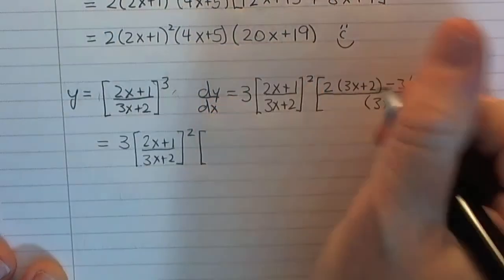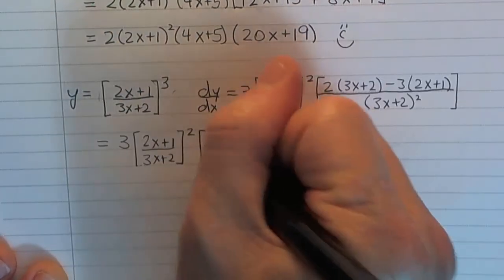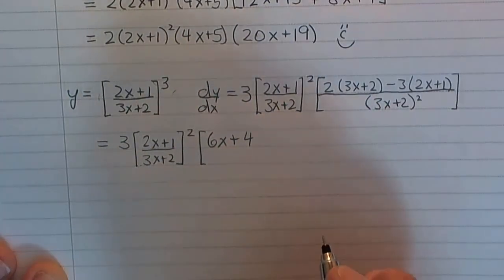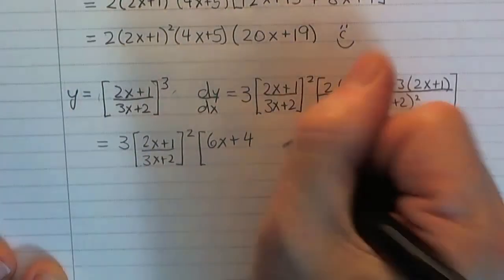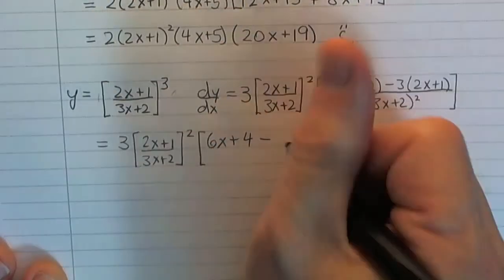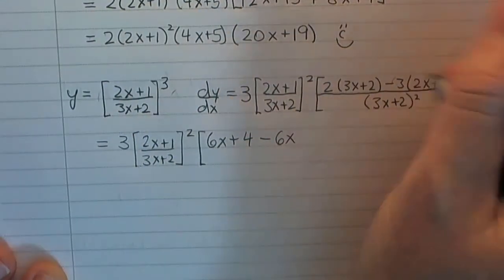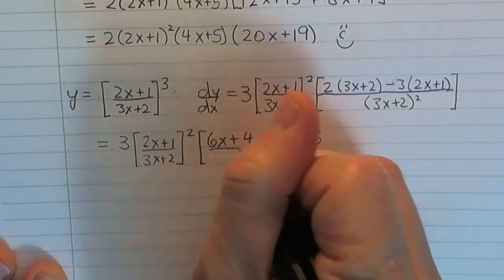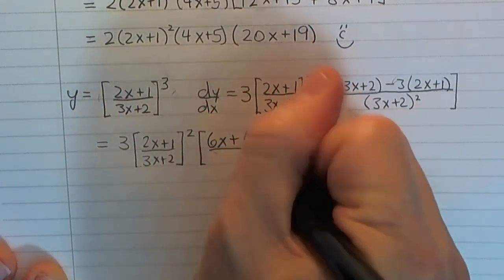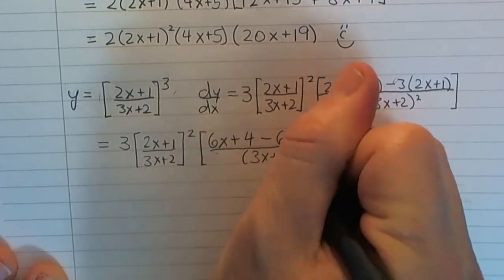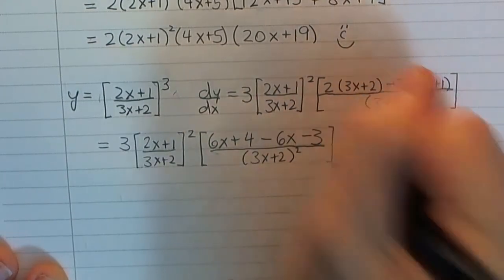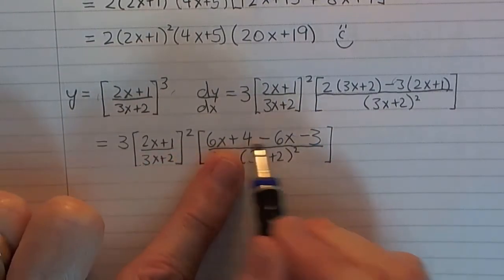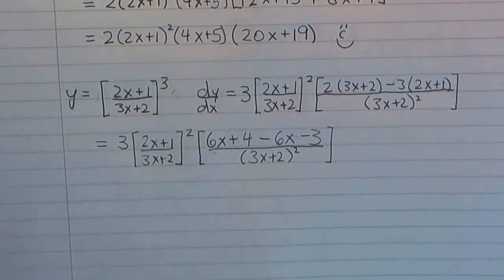This is going to be 6x plus 4, minus 6x. Now be careful, this minus goes over here, minus 3. And then we've got 3x plus 2 squared down here. Now let's see here, the 6x's cancel, and we've got 4 minus 3. Good, that's just 1.